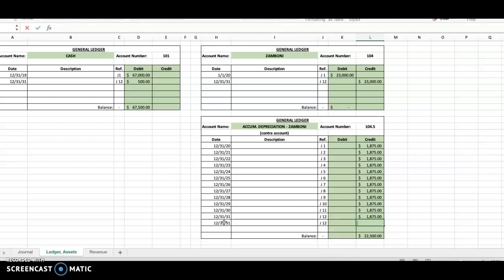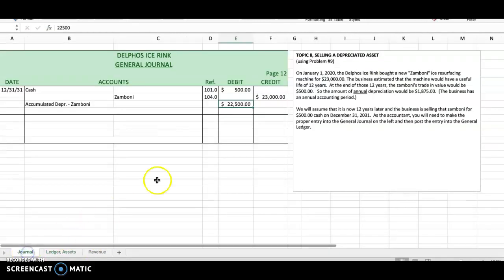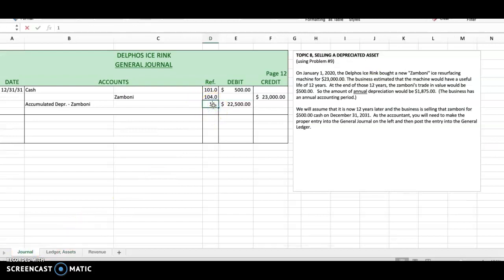Oops, excuse me, not credited. I should have a debit. And as we said, that will close that account. And the account number, 104.5. So this has been a very simple example of how to record this entry.